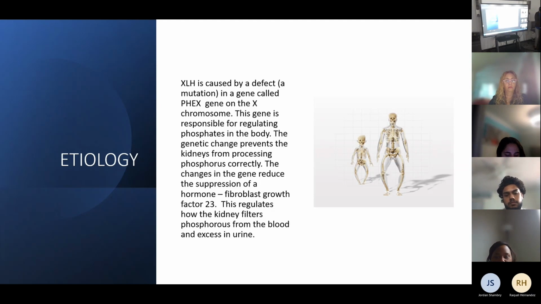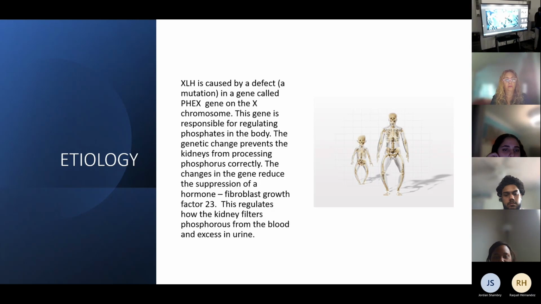The change in the gene reduces the suppression of a hormone, fibroblast growth factor 23. This regulates how the kidney filters phosphorus from the blood and excess in the urine. Basically, if you do not have enough phosphorus in your bloodstream, it starts to affect the health of the bones.